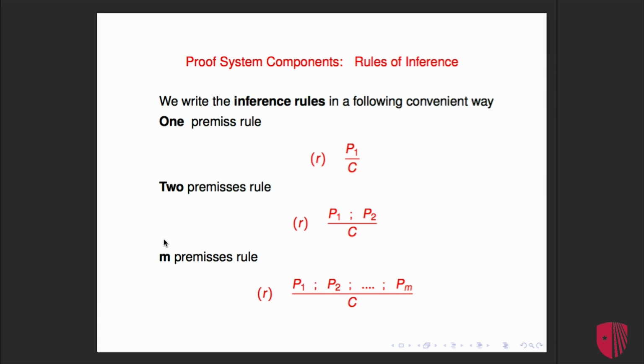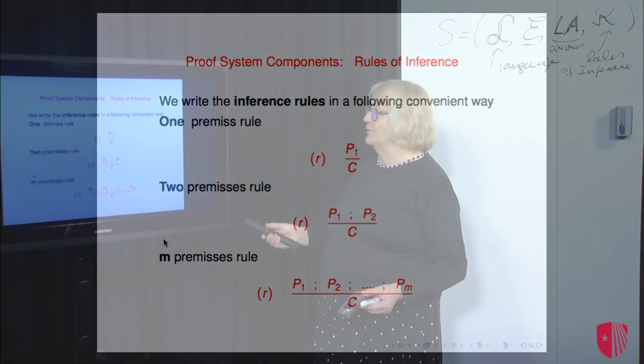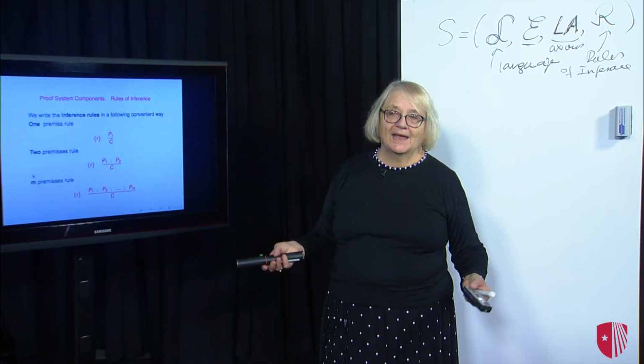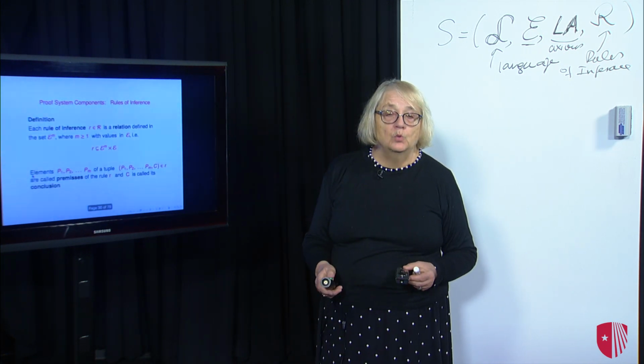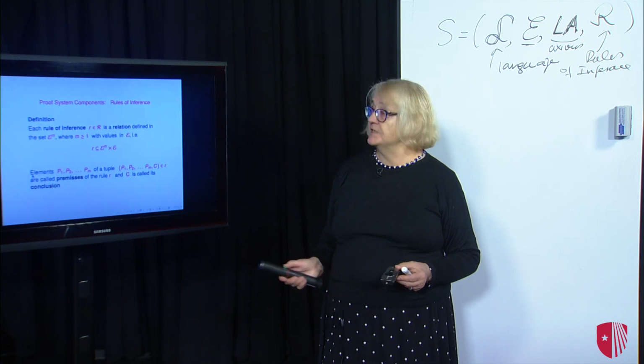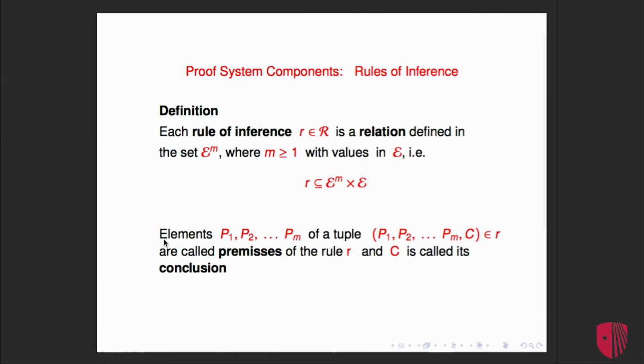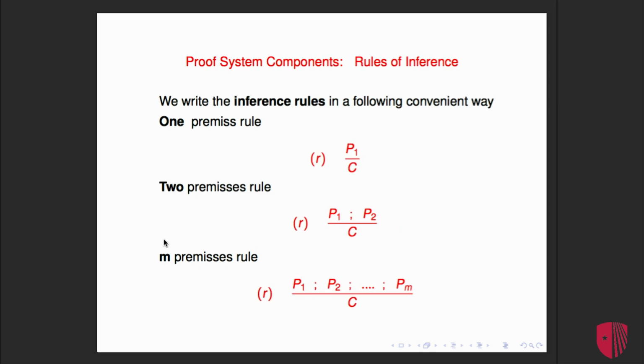And here we write those rules not in a fancy way as relations. It's important to say that rules are relations. They don't need to be functions. Because when you study rules of inference, you always think about them as a function.